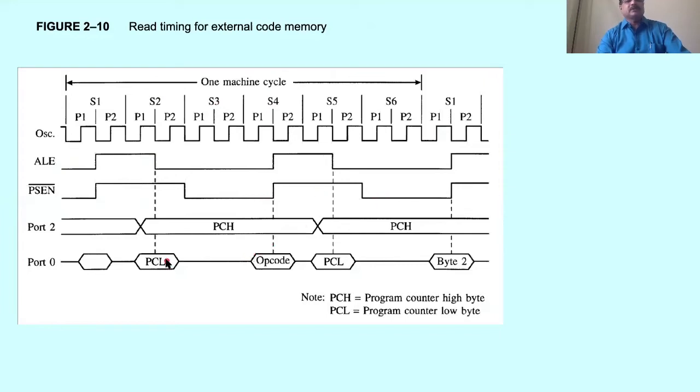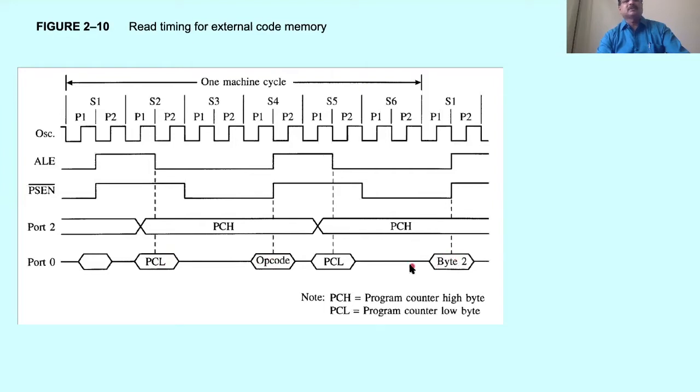During the first part, whenever ALE goes high, you can see PCH, the program counter higher byte, and PCL, the lower byte. The 16-bit address will be available on the common bus. Then in the latter part, you can see the opcode that is fetched for the instruction, and here the second byte that is fetched.